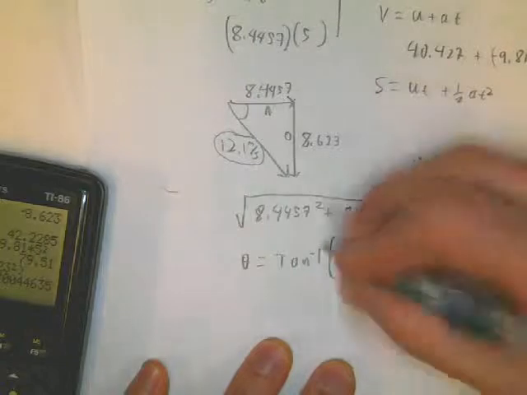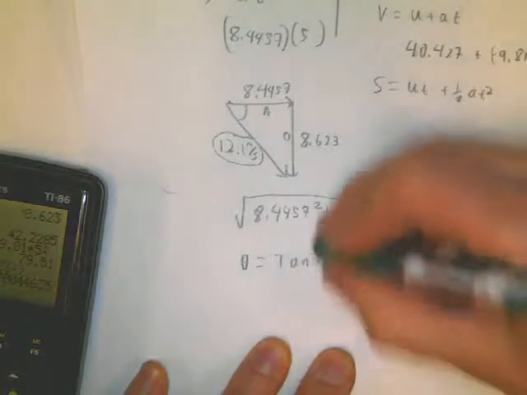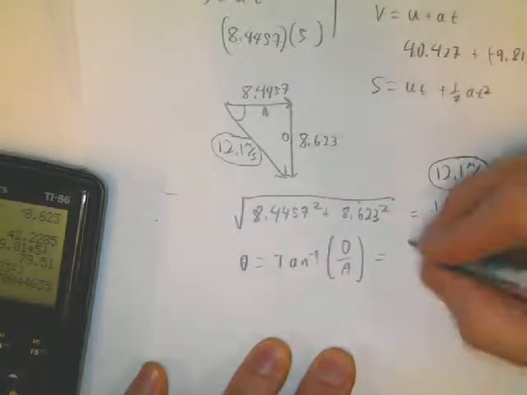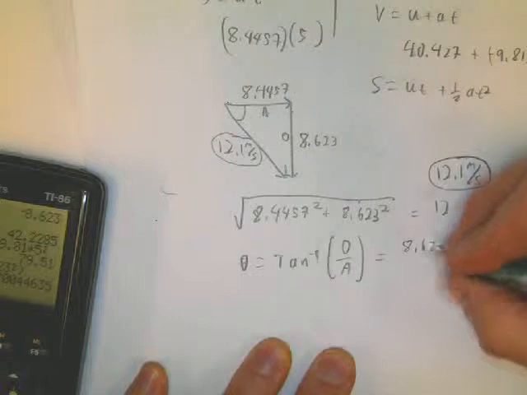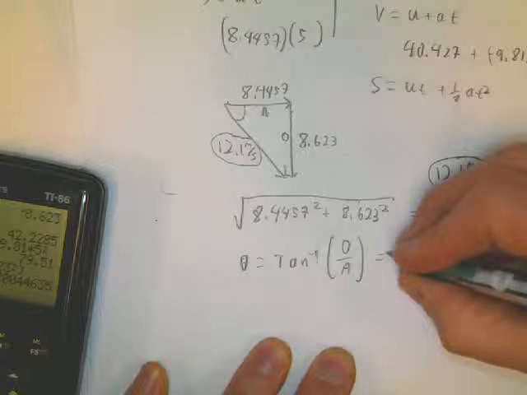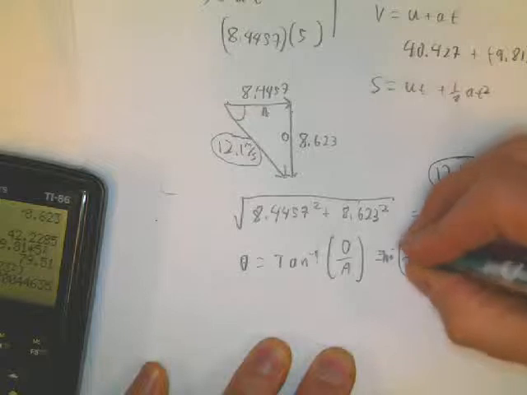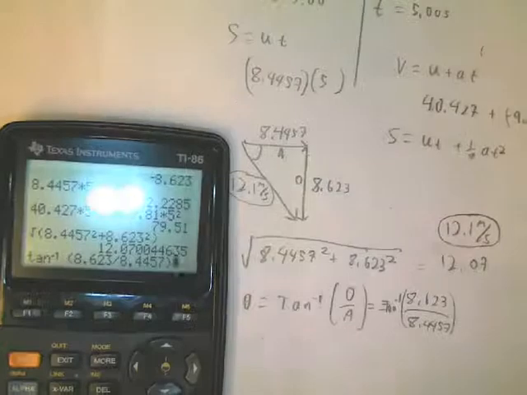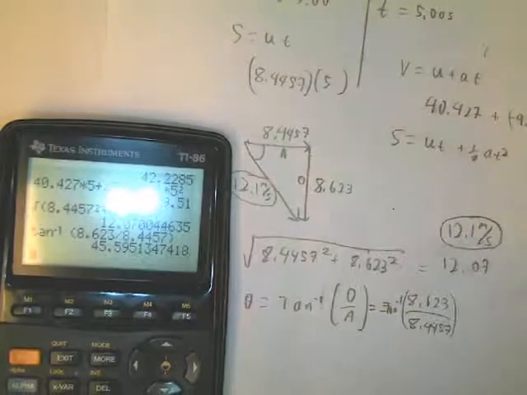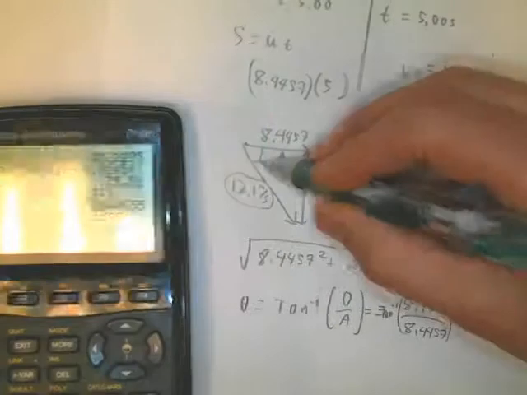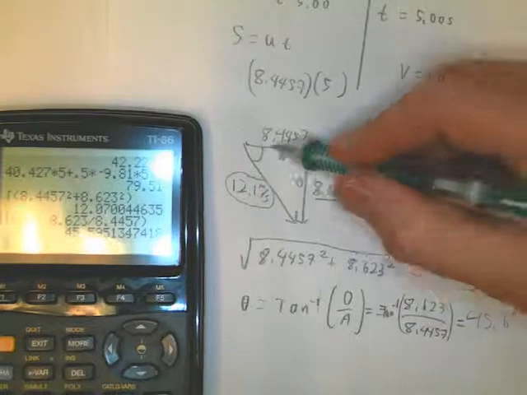So that's tan minus 1 of 8.623 over 8.4457, which looks like this in the calculator. There we are: 45.59, 45.6 degrees. That makes sense that this angle is bigger than 45 because this side's longer than this side, just about 45 though. So here we have it.